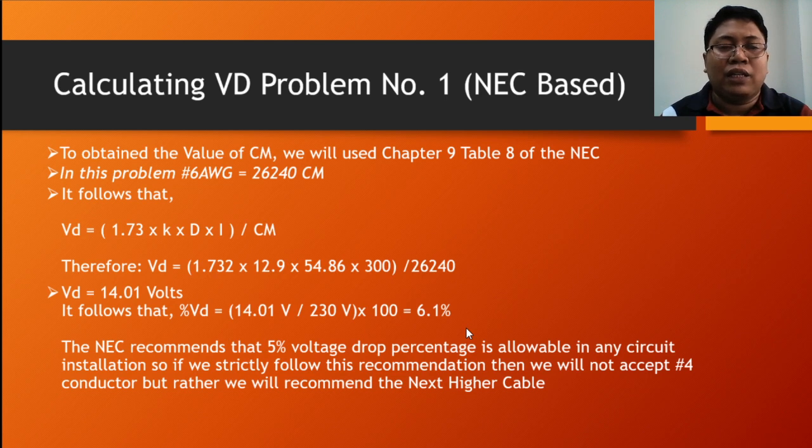Technically, from the feeder going to the distribution panel, dapat 2 to 3% lang. Ganon din sa branch, 2 to 3% lang para mag-sum up sila, na ang magiging total nila is 5%. Or else, kapag lumagpas, bago tayo ng size ng wire.